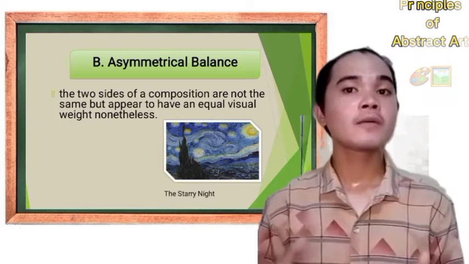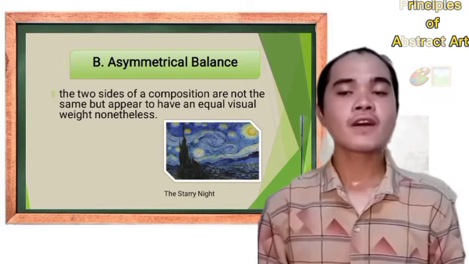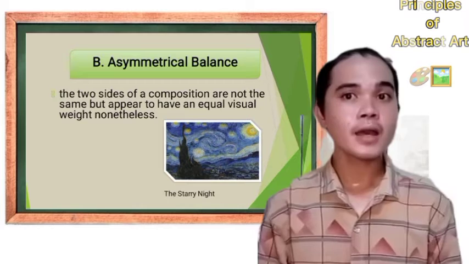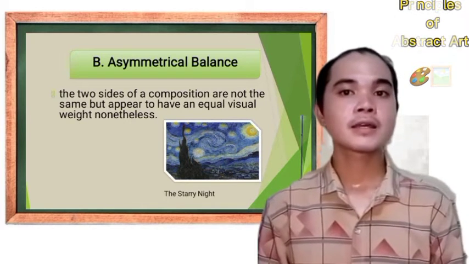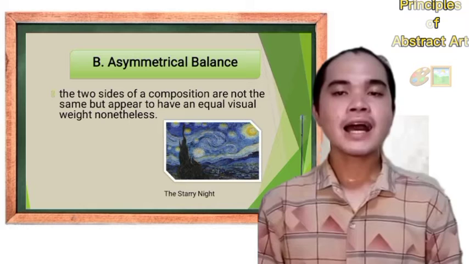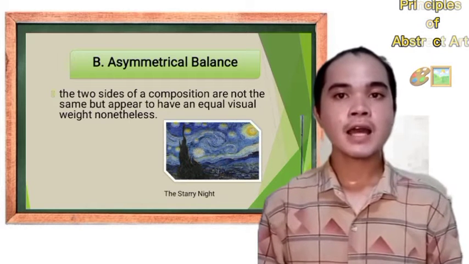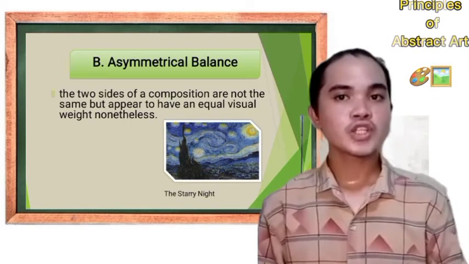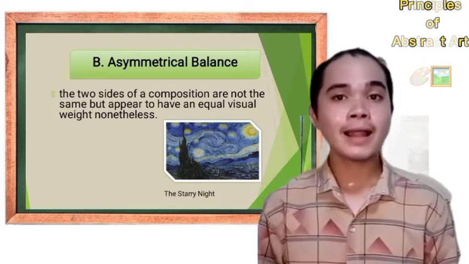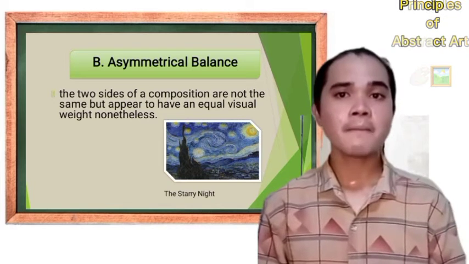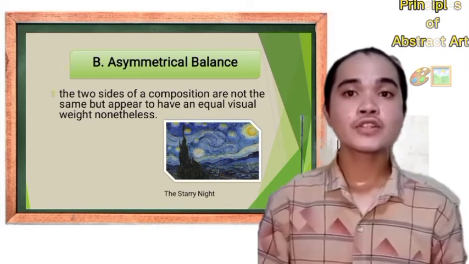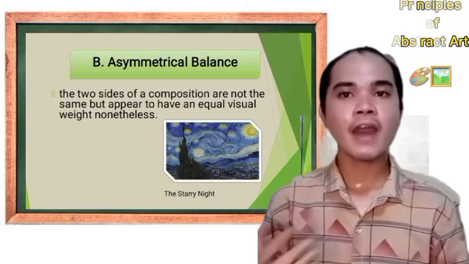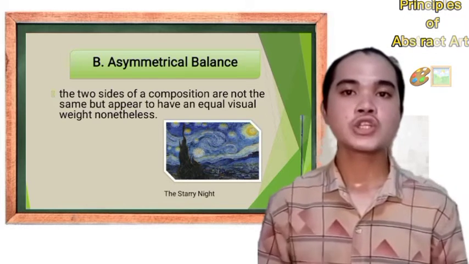Next, we have asymmetrical balance. The two sides of a composition are not the same but appear to have an equal visual weight nonetheless. To be exact, asymmetrical balance is a bit more difficult to achieve than symmetrical balance because each element of art has its own visual weight related to the other elements and affects the whole composition.